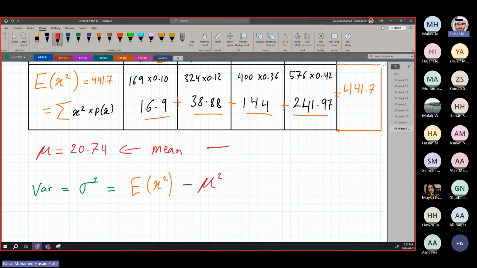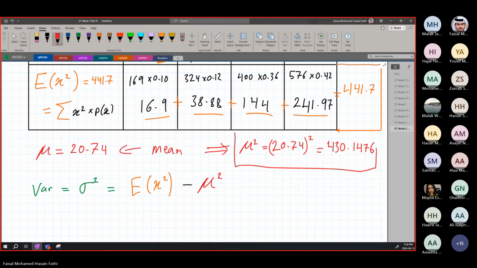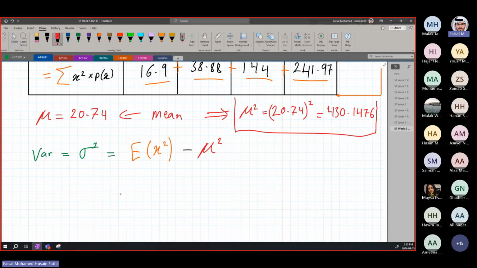So we also have to calculate mu squared. To find mu squared, you just simply square mu. So it's going to be 20.74 squared, which is equal to 430.1476. All right, very important. We have to square our mu so we can solve for variance. Don't just put in the mean value, you have to square it.